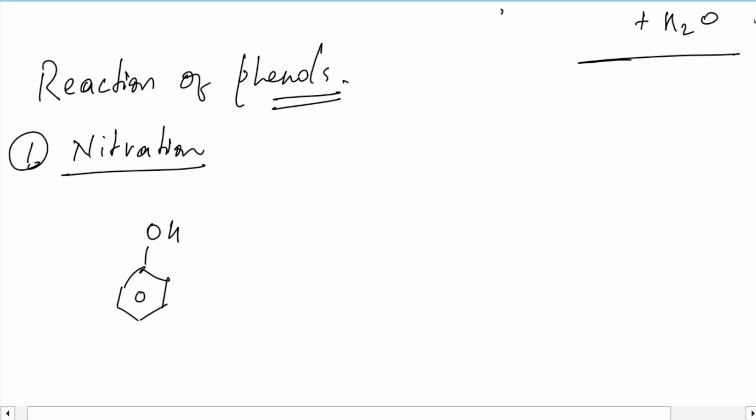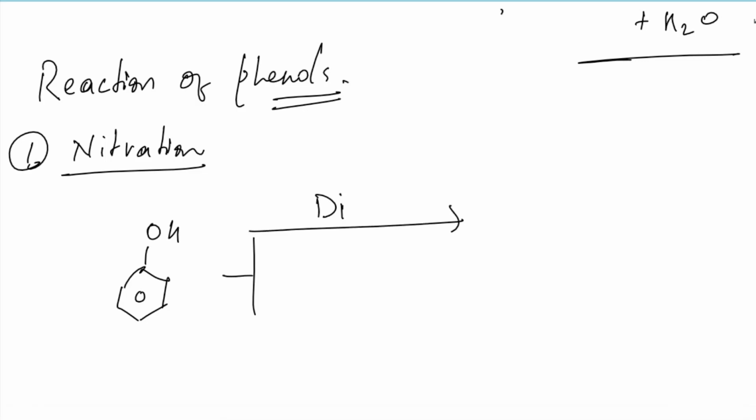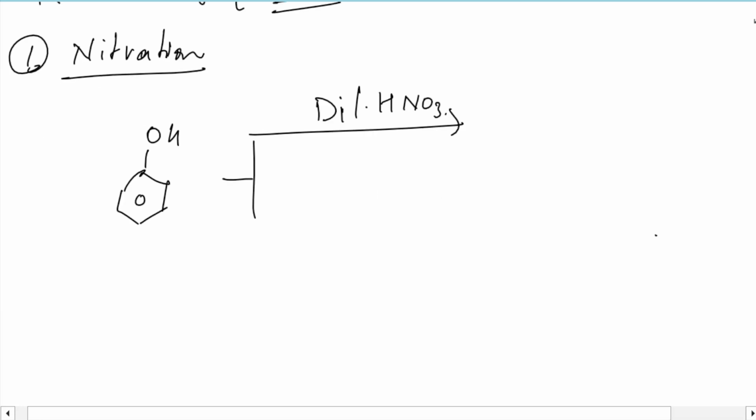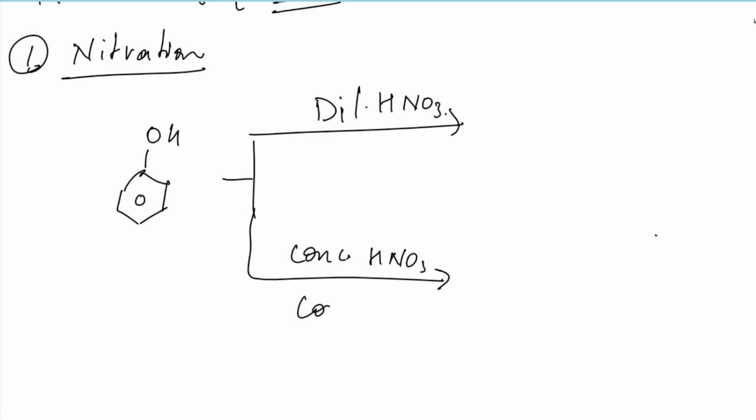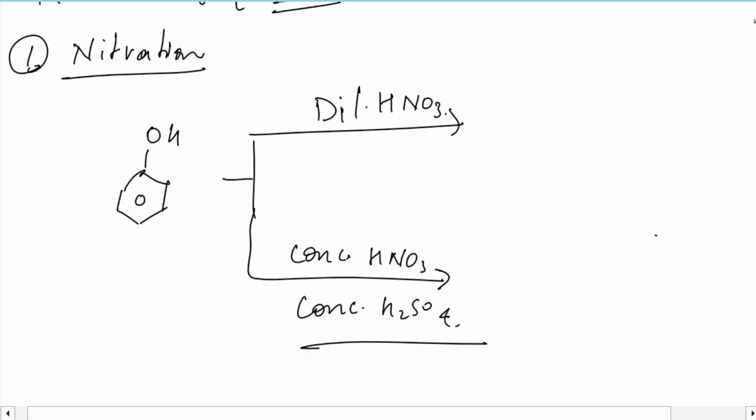On the basis of, if you are using dilute HNO3 here, then it will give you a different product. And if you use concentrated HNO3 in the presence of concentrated H2SO4, it will give you a different product.